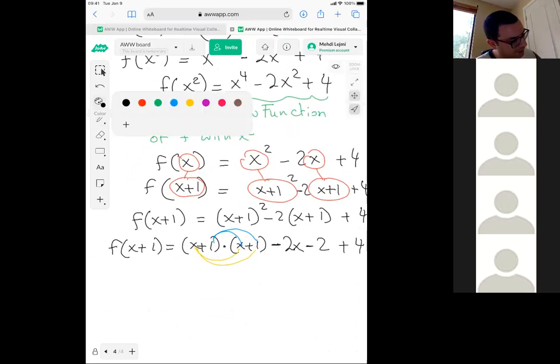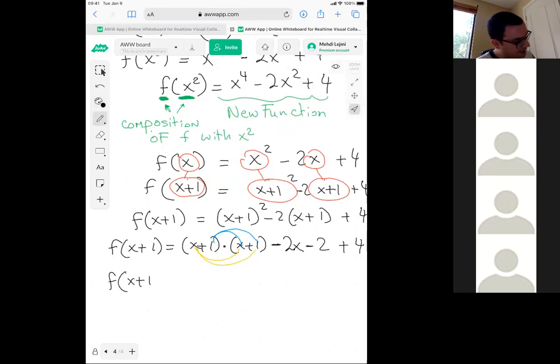So f of x plus 1 is going to be x times x, x squared, x times 1, that's x. Now for 1, we have 1 times x, it's again x, and 1 times 1 is 1. There's minus 2x, minus 2, plus 4. Now I can simplify this.